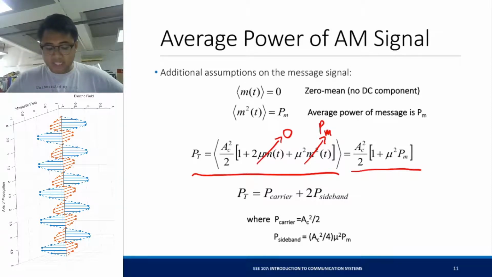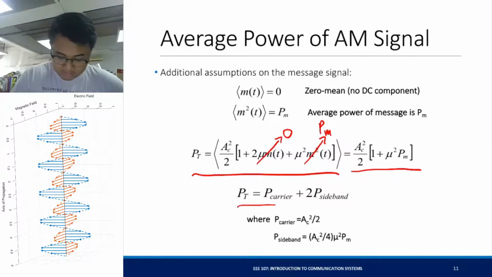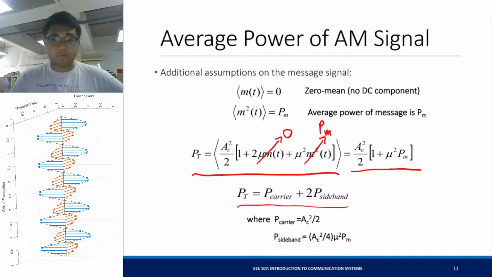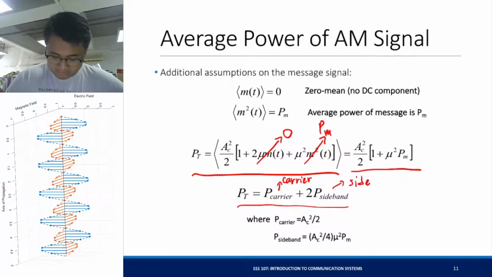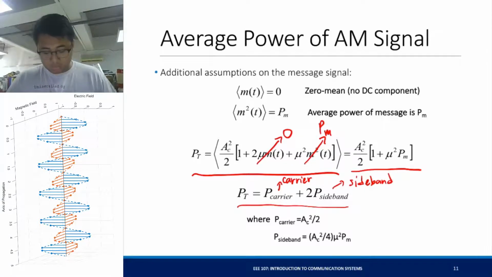So we can actually rewrite this power of the AM signal as this. There's a component of the power from the AM signal that is from the carrier. And there's a component of power that comes from the so-called message or the sidebands of the message. Right. So the power of the carrier is the first term right here. And the power of a sideband is 1/2 of this times this.